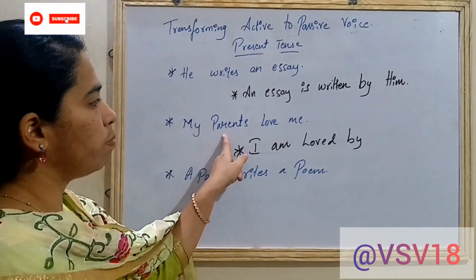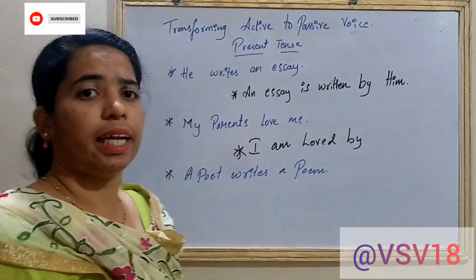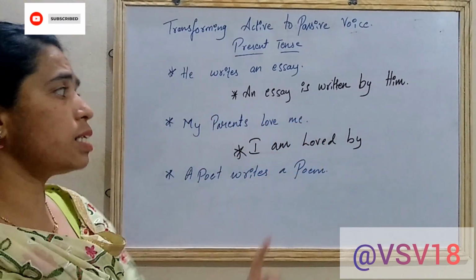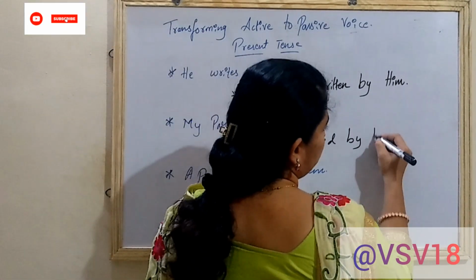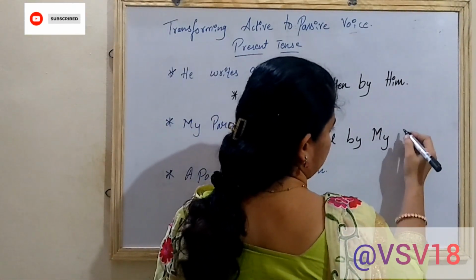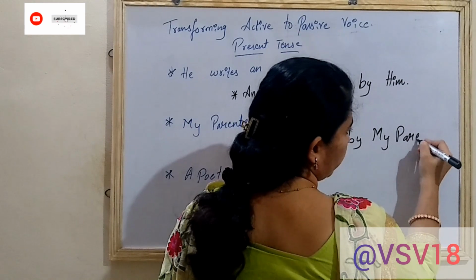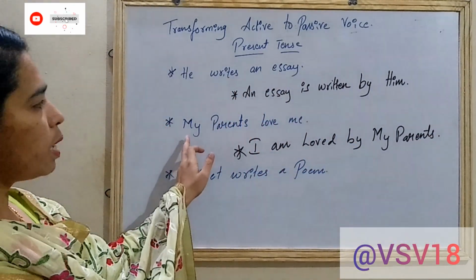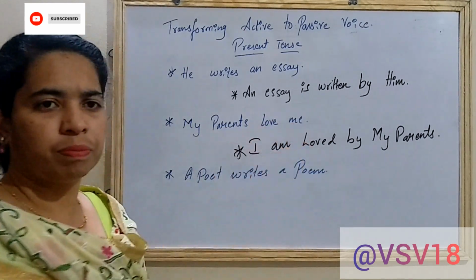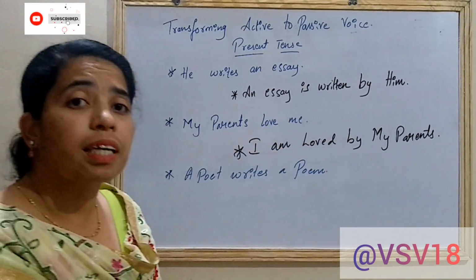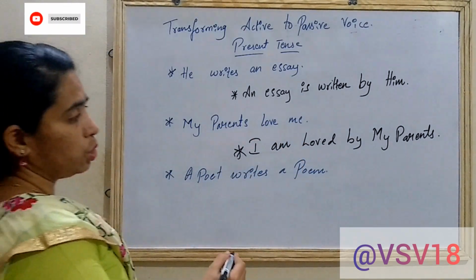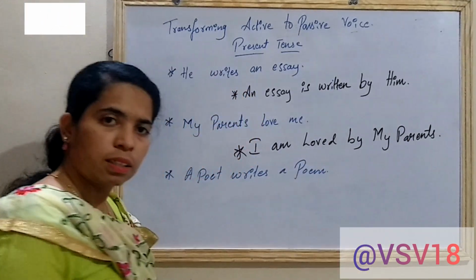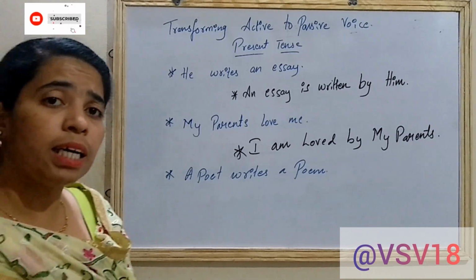My parents will come at the end, as they are the subject in active voice and will change to object in passive voice. Now read the statement very clearly, guys. My parents love me is the active statement. Now it will change to I am loved by my parents.